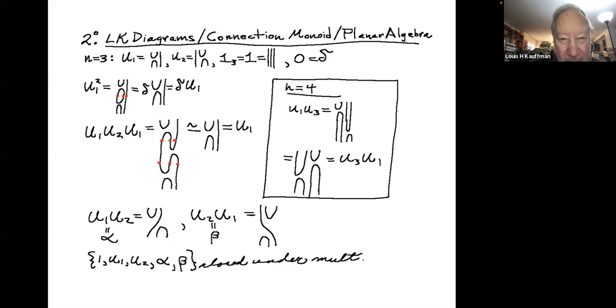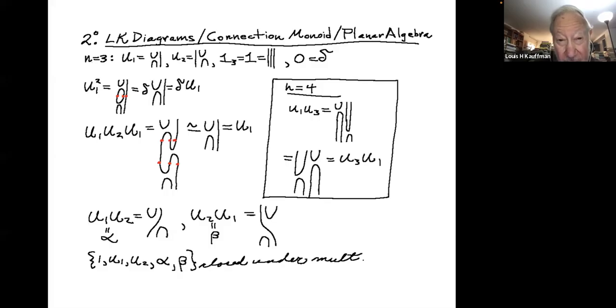And if you form UiUjUi, where j differs from i by 1, like U2U1U2, then you see that the cups and the caps conspire to give you a line which goes all the way down from top to bottom, and topologically is the same as a vertical line, and so UiUjUi is equal to Ui. And so the relations in the algebra are happening.